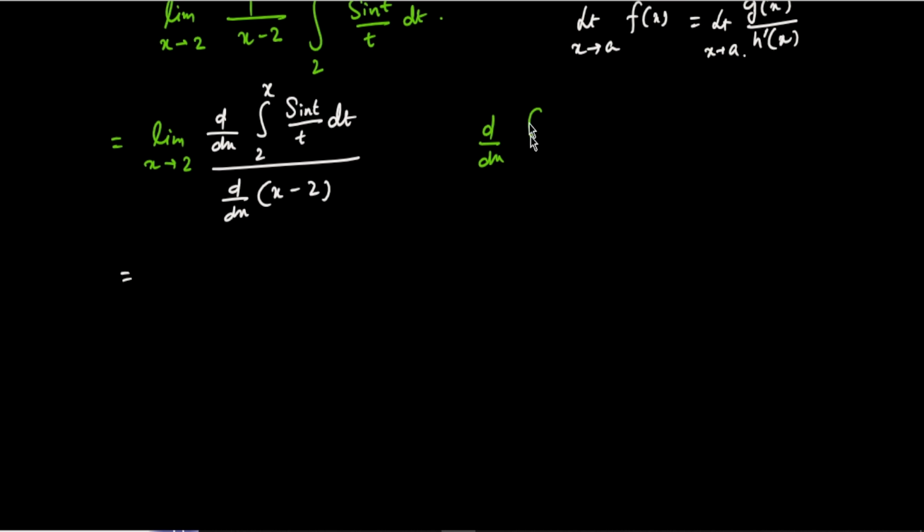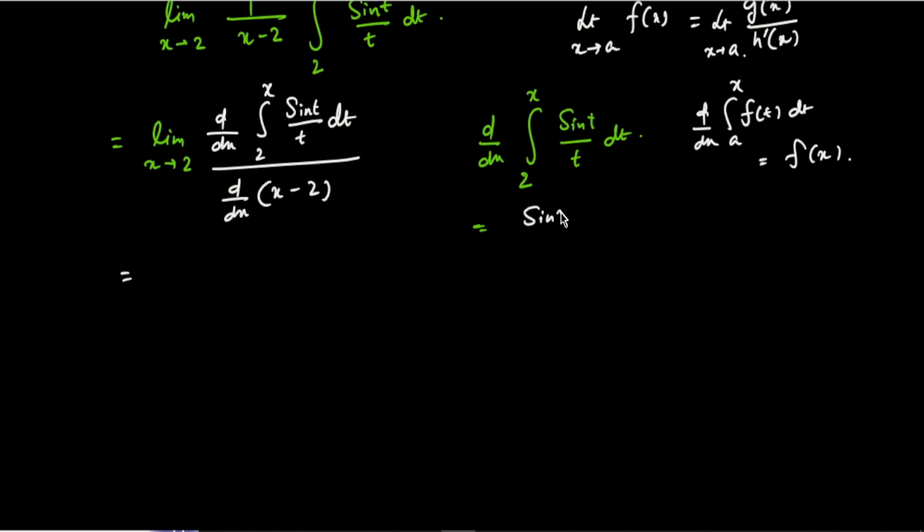d by dx of the integral from 2 to x of sin t by t dt. We will use the above result. Here a constant is present in the lower limit, and the function x is present in the upper limit. So d by dx of the integral from a to x of f of t dt is f of x, and the answer will be sin x by x.